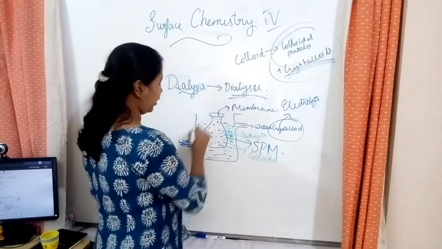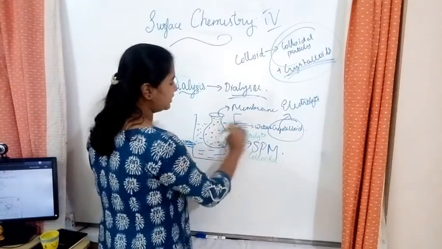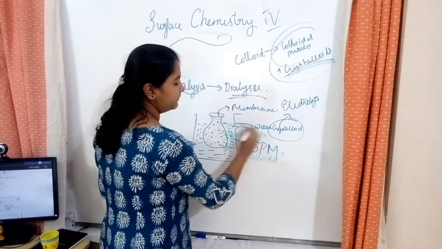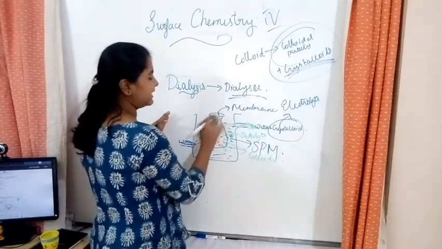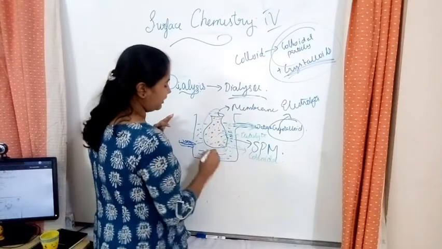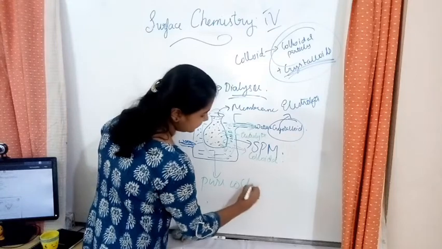The water is continuously moving, so these will move out along with the water. So what would we get? We will get the true or pure colloidal solution inside the membrane.